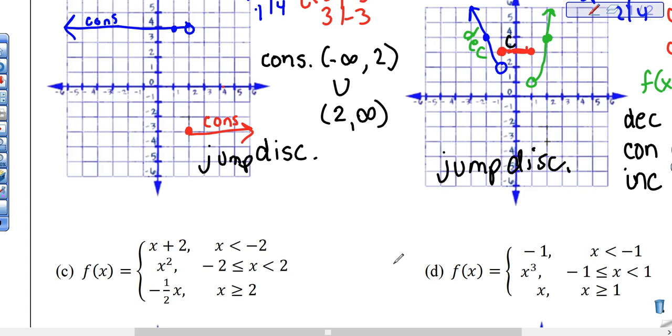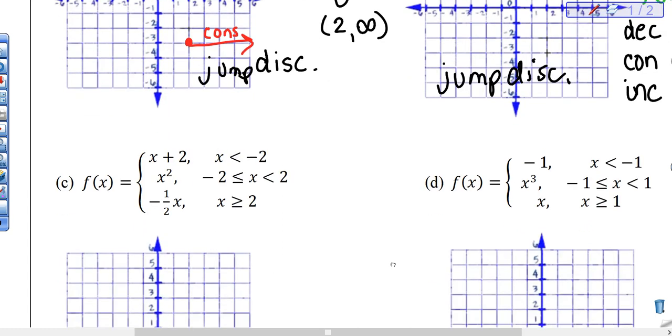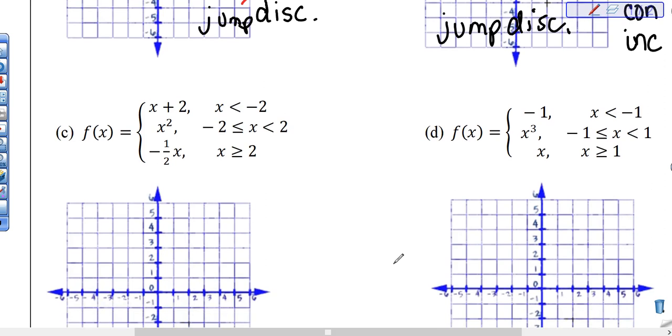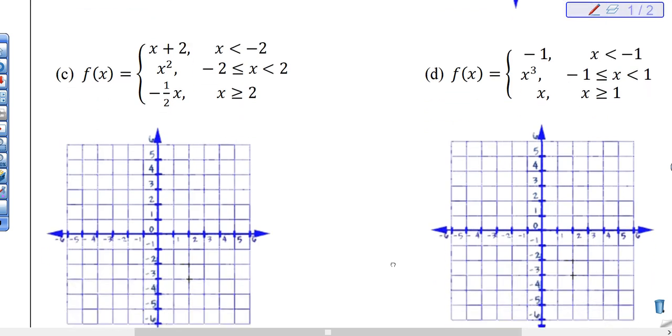So just know that when you're describing intervals of increase, decrease, and constant, you always use parentheses on your intervals. Question? Yeah, you're doing your homework already? Yes. All three discontinuities can happen at the same time. That's correct. List all the types.